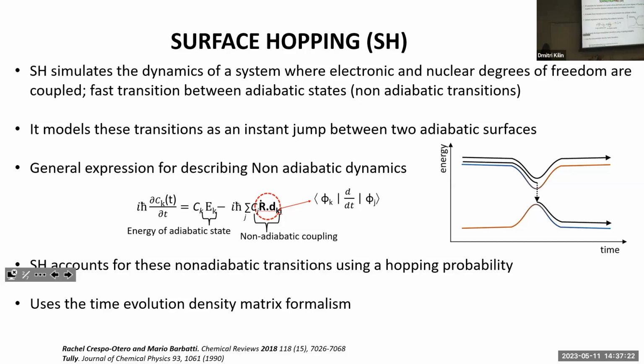Now, surface hopping actually accounts for these transitions using a hopping probability, and it uses the time evolution density matrix formalism, because the density matrix formalism helps you with probability.